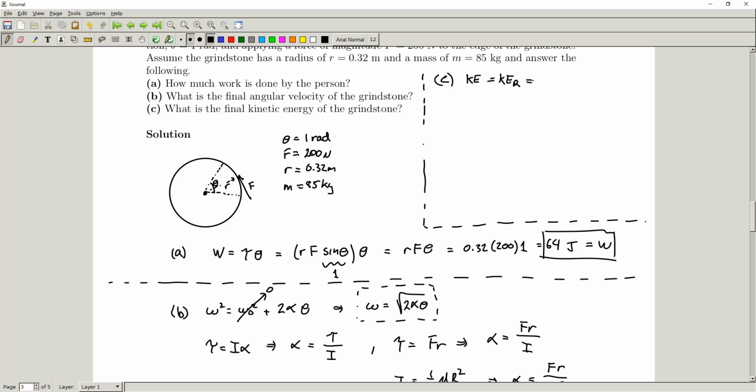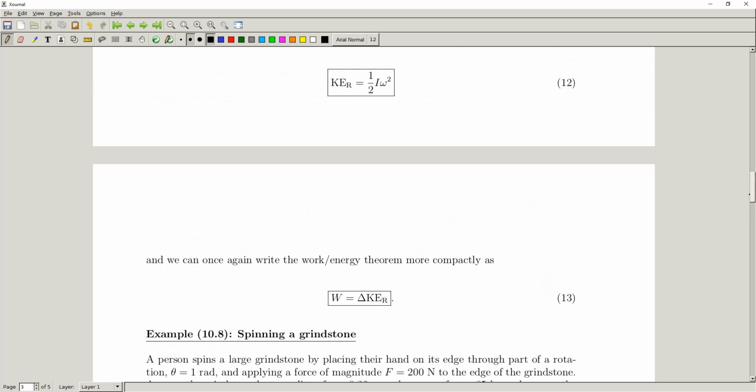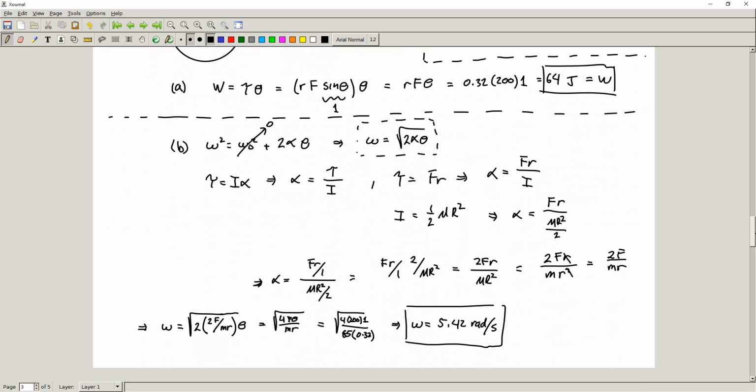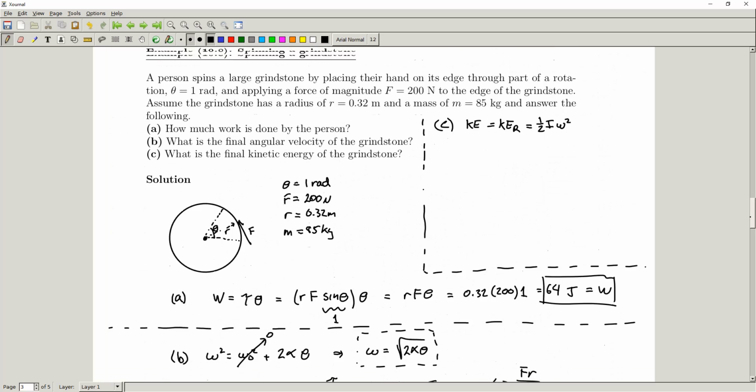And we just wrote down the expression for what our kinetic energy of rotation looks like. It's just 1/2 I omega squared. And we just talked about what I was, right down here. Did I write it down? Yeah, right here. 1/2 mr squared.